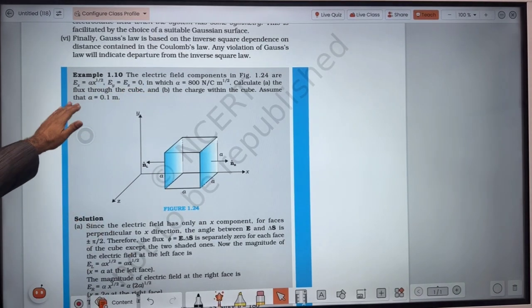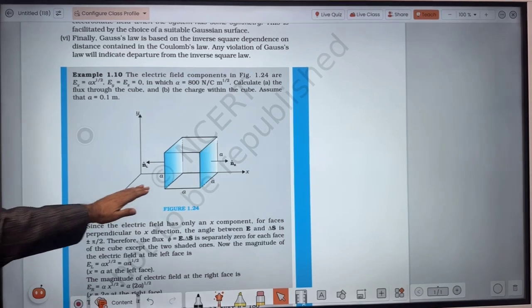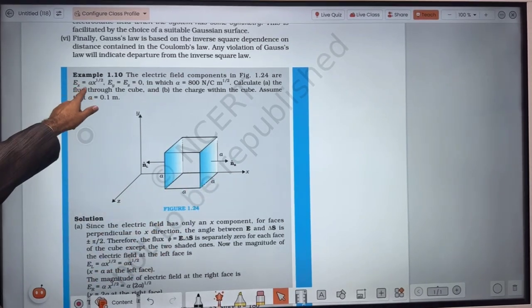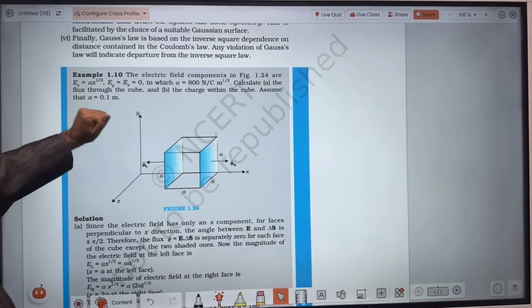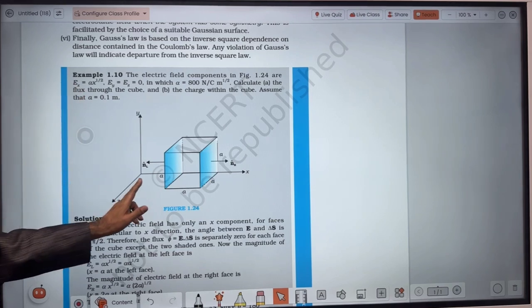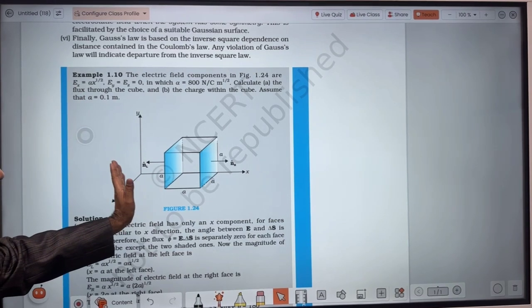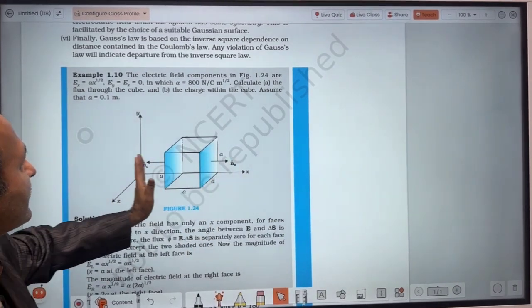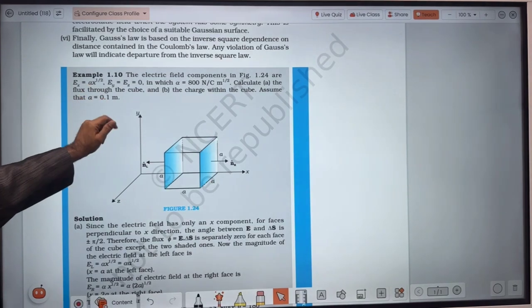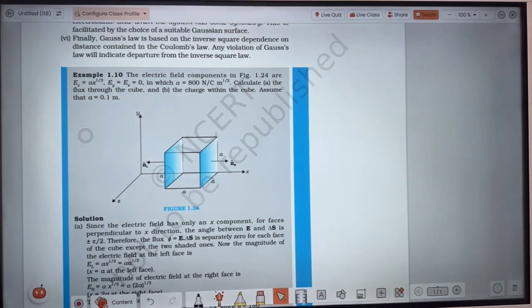It means the electric field is directed along the x-axis only, and if we put x equal to 0, then the electric field will be 0. It means the field starts from here and it is increasing like this because it depends on x. Alpha is given as 800 Newton per Coulomb meter power half.